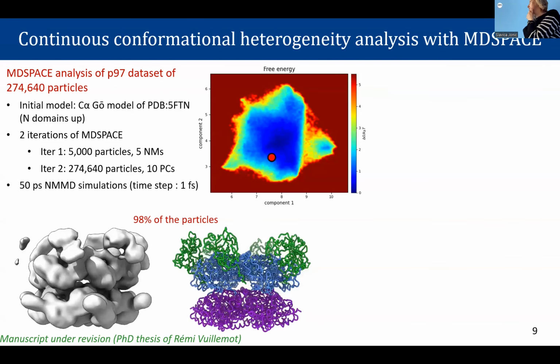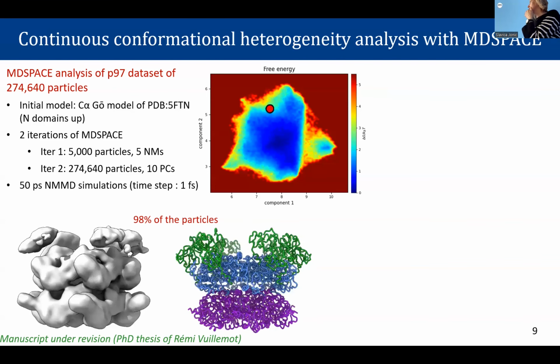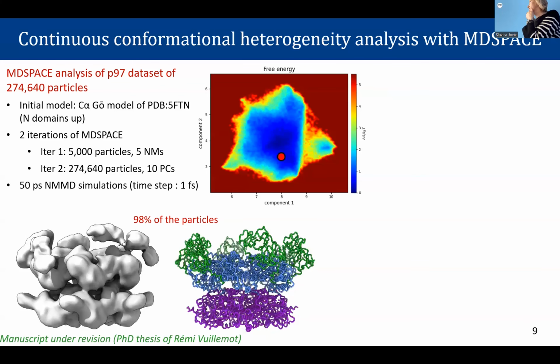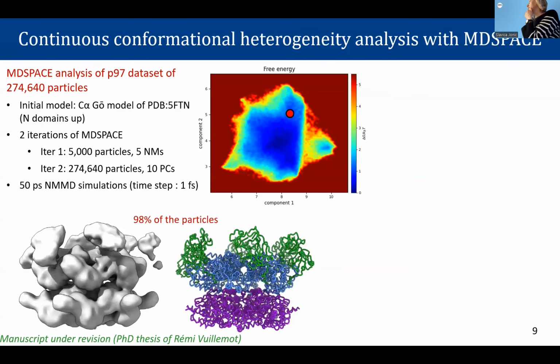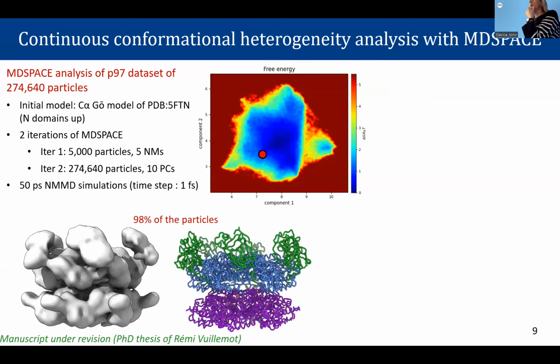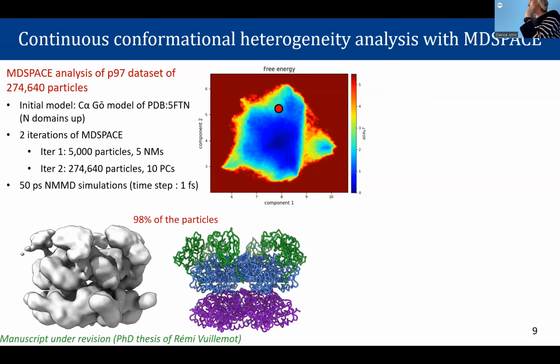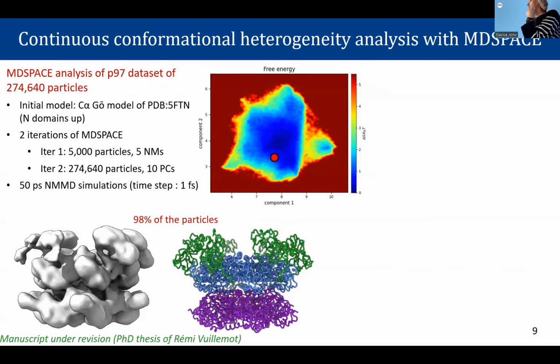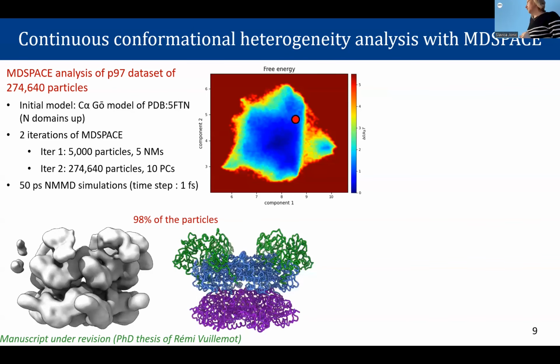Where the color is green or even red, this means that you have a lower density of points, meaning those are more rare conformations, okay?